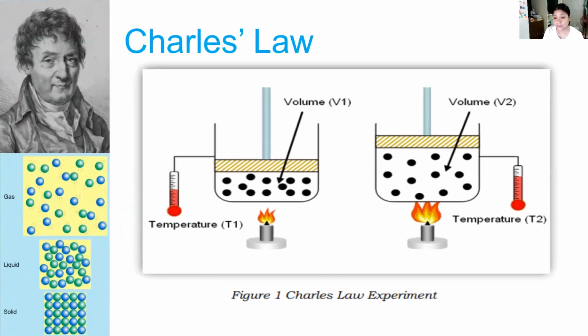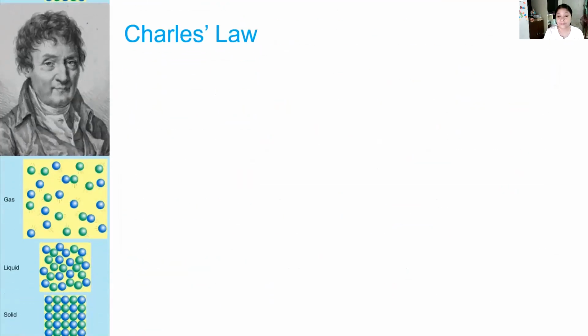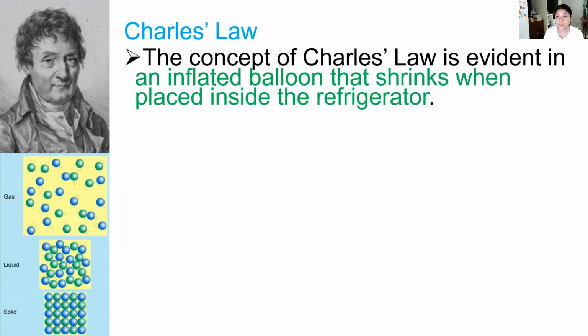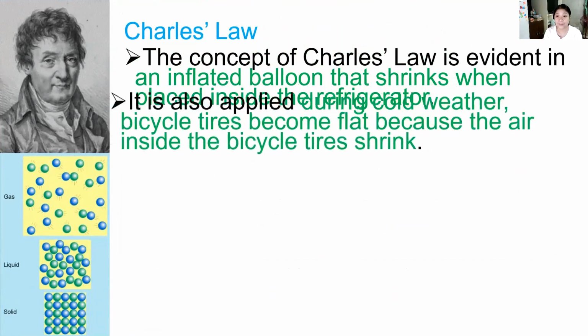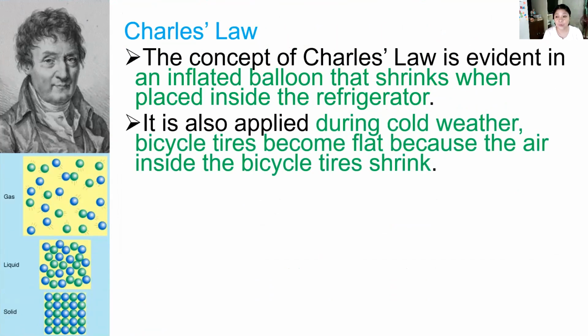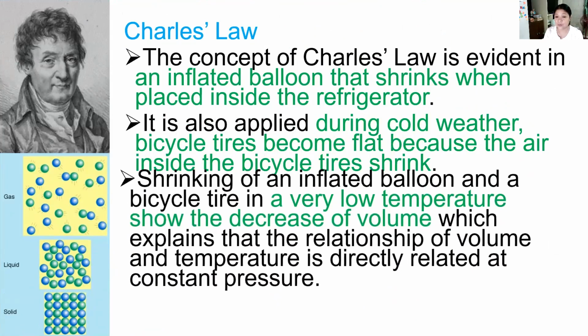So here is the figure of how Charles performed his experiment. The concept of Charles' law is evident in an inflated balloon that shrinks when placed inside the refrigerator. It is also applied during cold weather. The bicycle tires become flat because the air inside the tires shrinks.